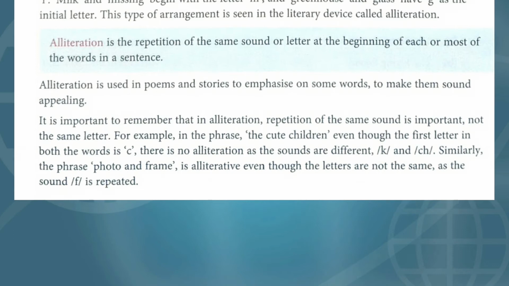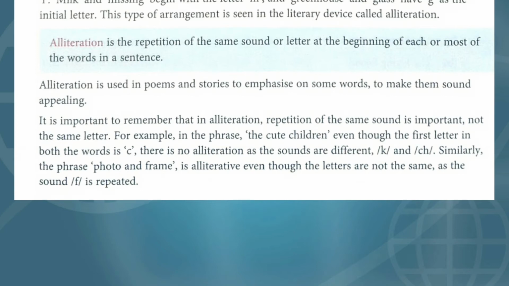For example, look at the phrase cute children. In this expression, the word cute starts with C, children also starts with C, but the first sound is k, and the second sound is ch, children, ch. So what is the point? Even though the beginning letters are the same, the sound is totally different.